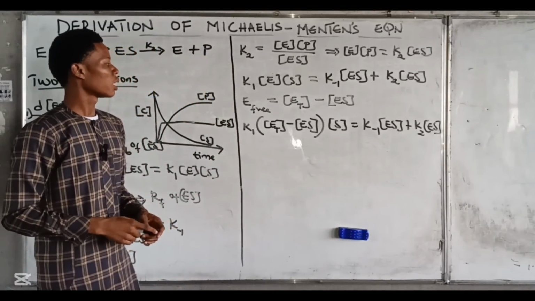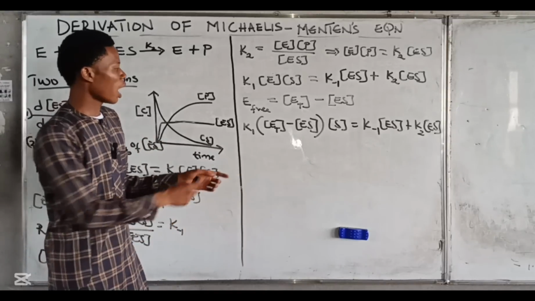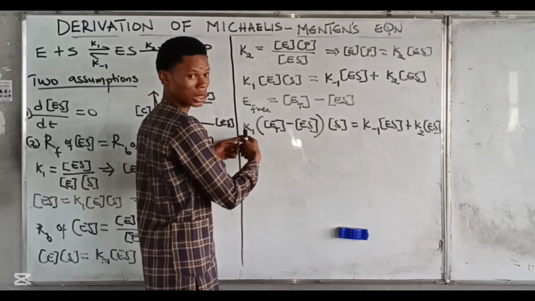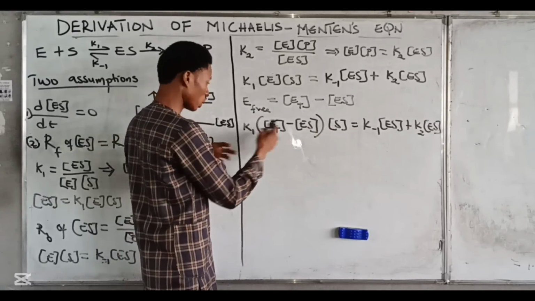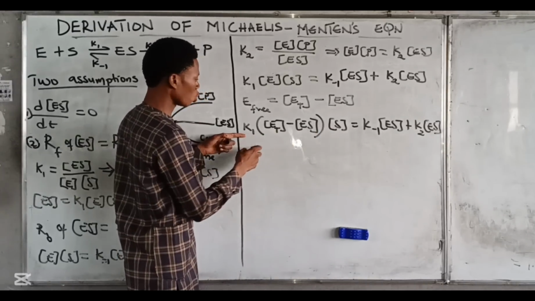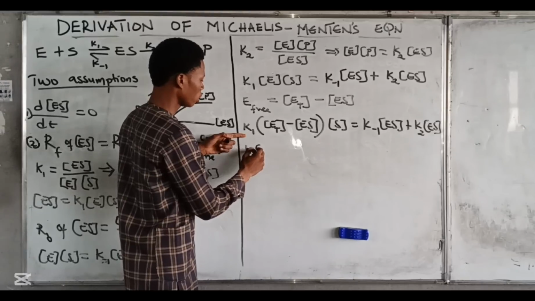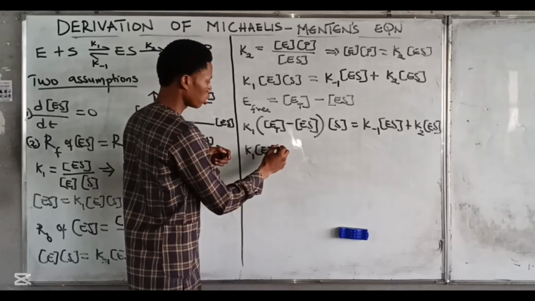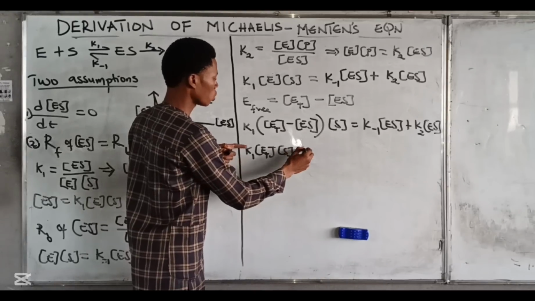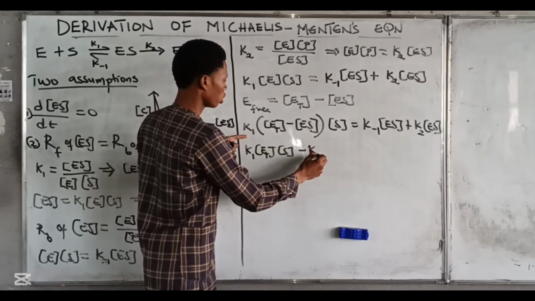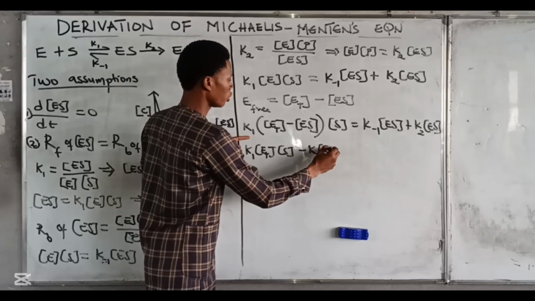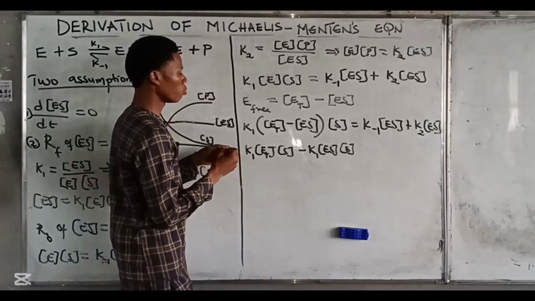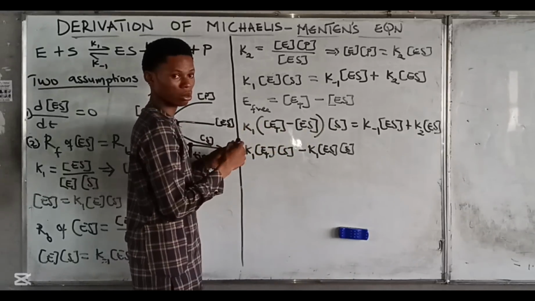The next thing after this is, I can open this bracket, is it not? If I open this bracket, remember there are 2 things outside the bracket. So if you are opening the bracket, you take note of the 2 things outside the bracket. So K times this will give me what? K1 ET. S will still multiply this one. S. Then minus this one times this one give me K1 ES S. So I just open the bracket, taking note of the 2 things outside the bracket.